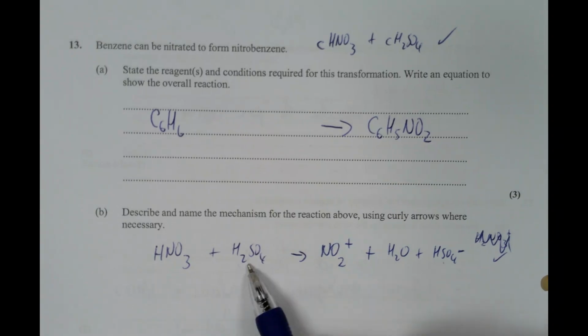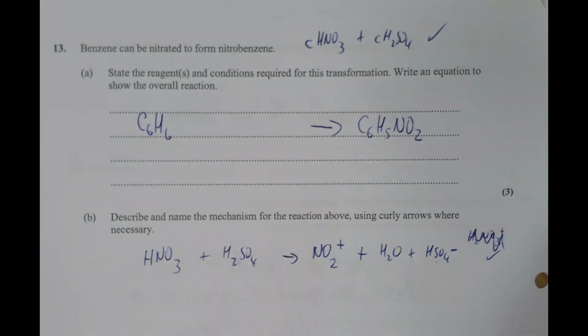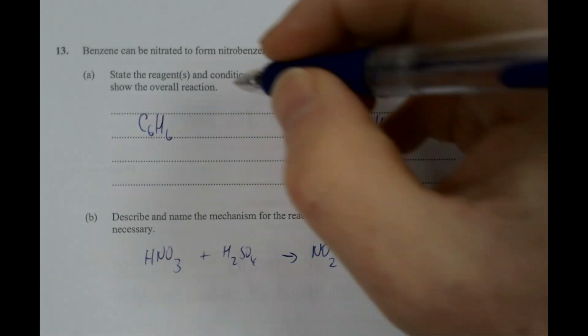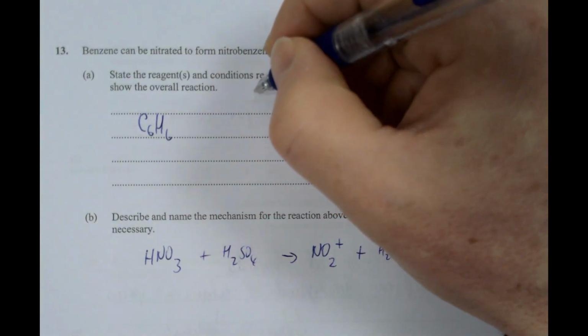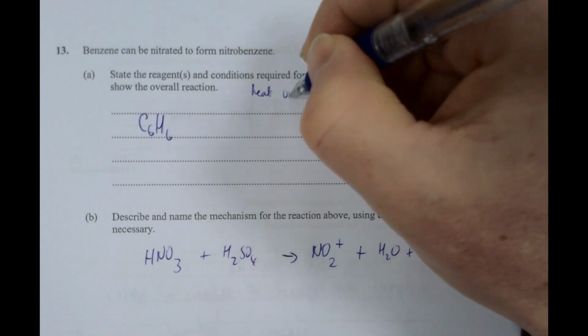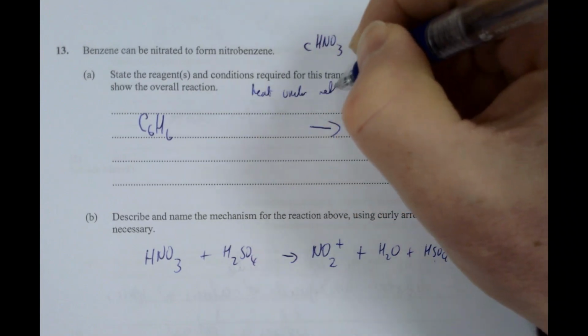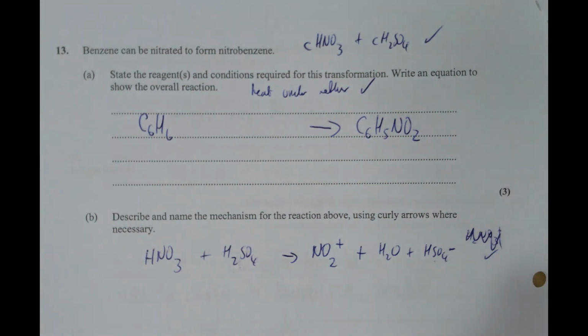Well, the sulfuric acid is acting as a catalyst in that reaction, and so you don't need to write it in the overall equation. I did also tell you, by the way, you have to heat under reflux, and I gave you the mark for that as well because I was feeling generous.